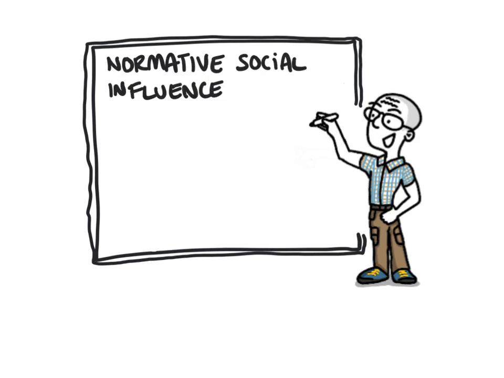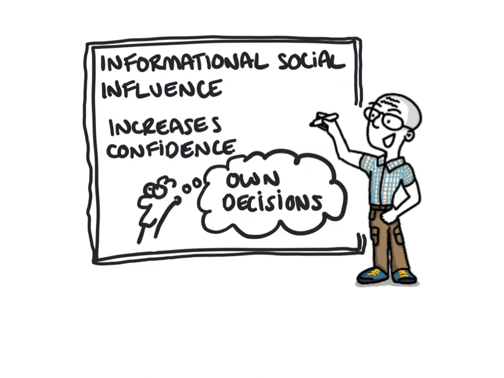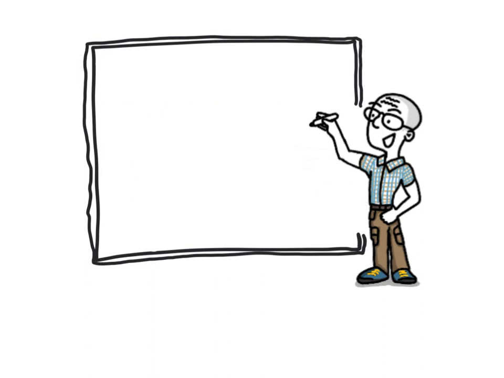In terms of normative social influence, the nonconformist ally demonstrates that alternative standpoints are acceptable. In terms of informational social influence, this can act to make an individual feel more confident in their own decision making. From Asch's research, where he looked at variations with a nonconformist ally, we can see three main findings.